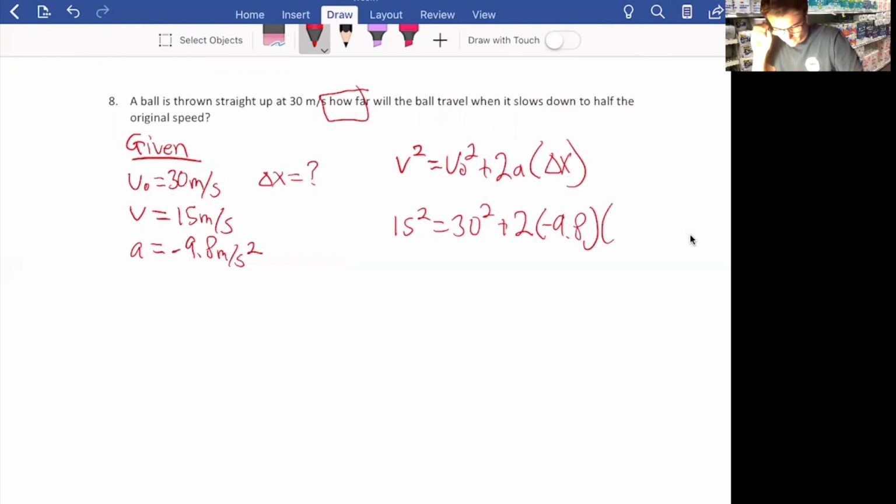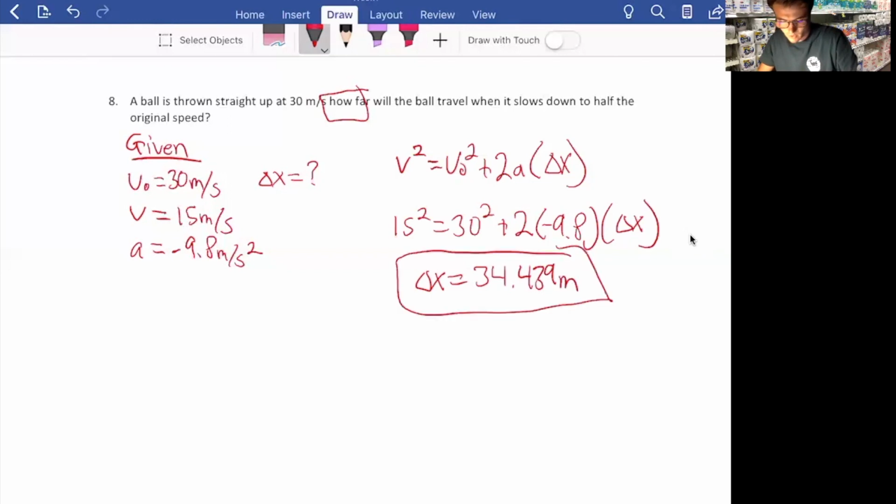What is delta x? Well, that's what we want to find out, right? Delta x. When you solve it out, what do you get? You get delta x equals 34 point blah, blah, blah, 39 meters, right? Cool. So that's how far the ball travels when it gets to half speed, right?